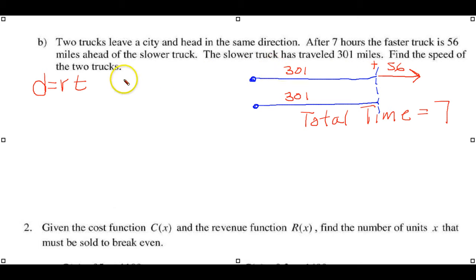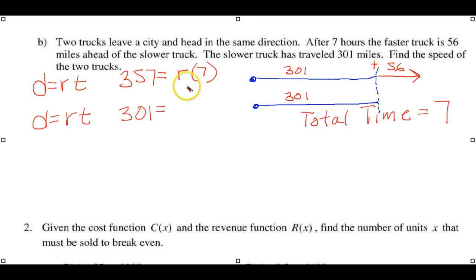For this one, it's going to be the total distance is 357 equals its rate times the time, which is 7 hours, and this other fella, distance equals rate times time, is 301. Its rate times 7 hours.